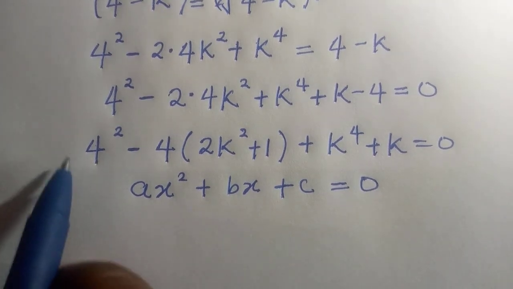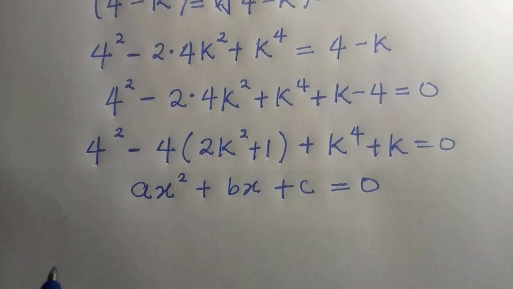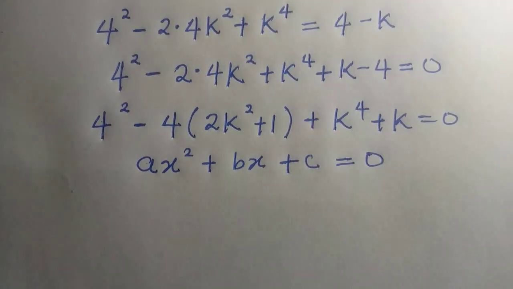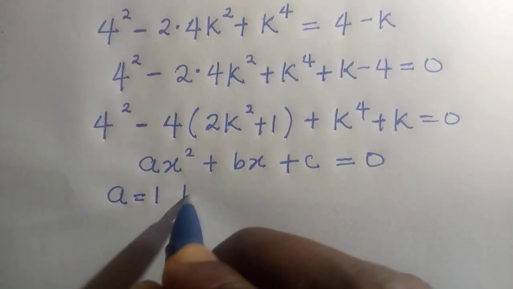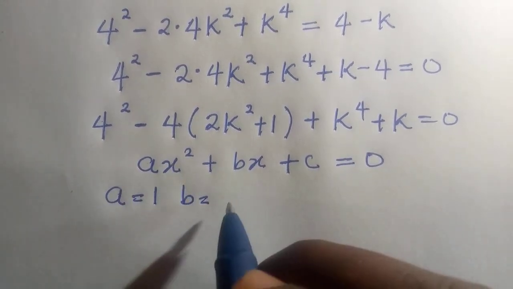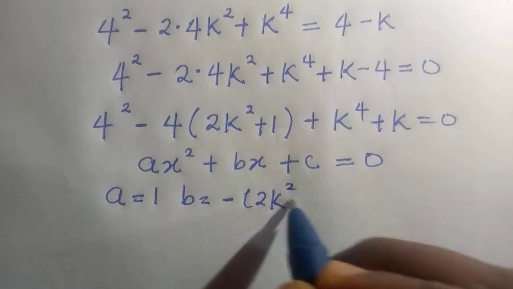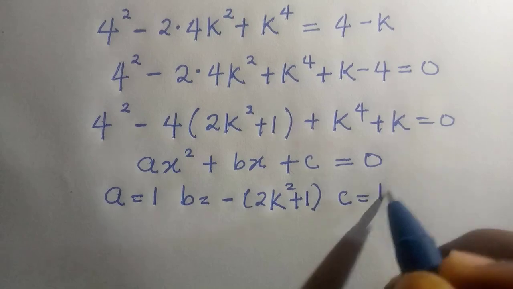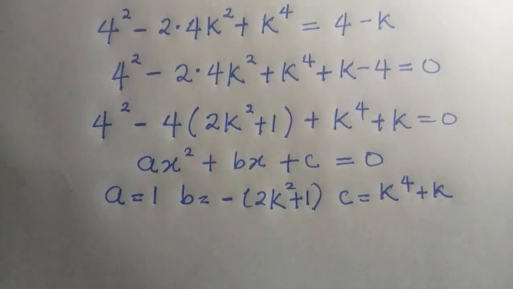I'm going to compare the coefficients with what we have, then resort to the quadratic equation so that we solve it quadratically. Here we know that a is 1 and b is minus (2k² + 1), and the value of c here is k⁴ + k.